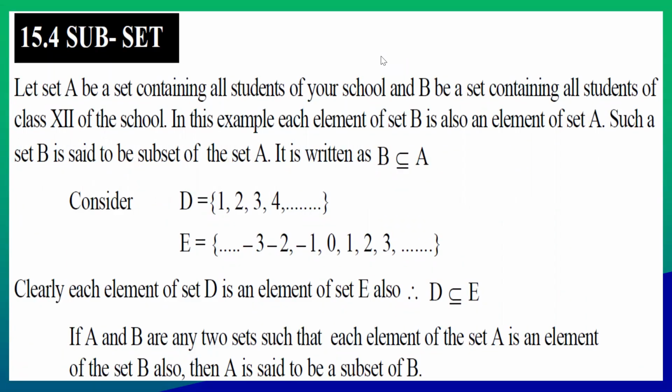Okay, consider set A. The elements of set A are 1 to positive infinity. So as you've noticed, the elements of set A are the set of natural numbers.